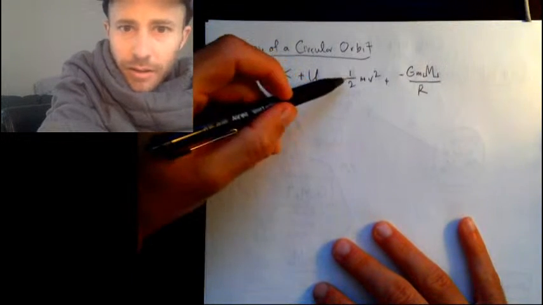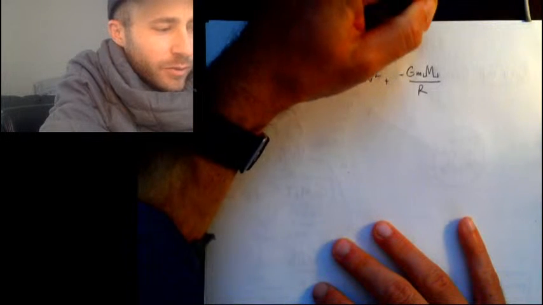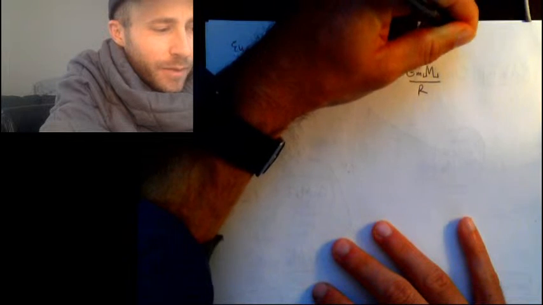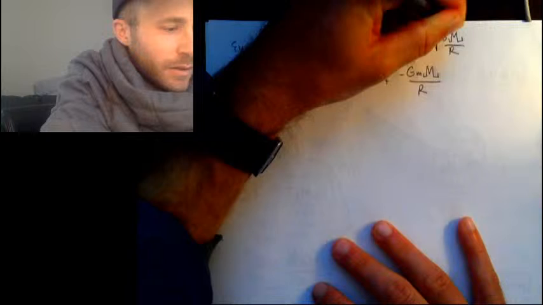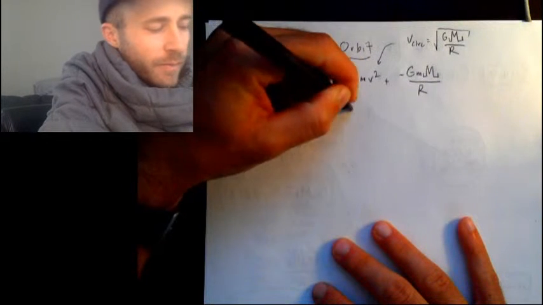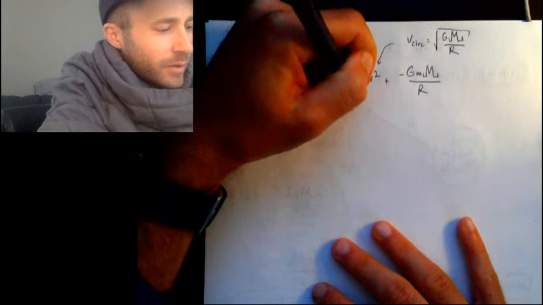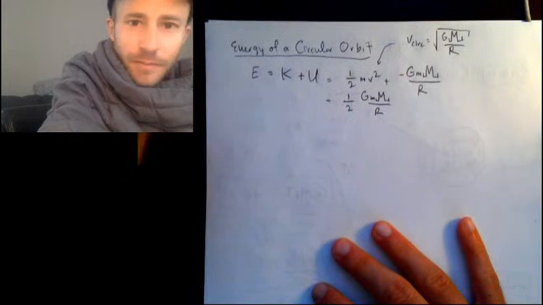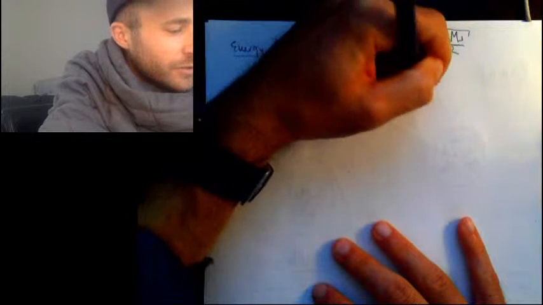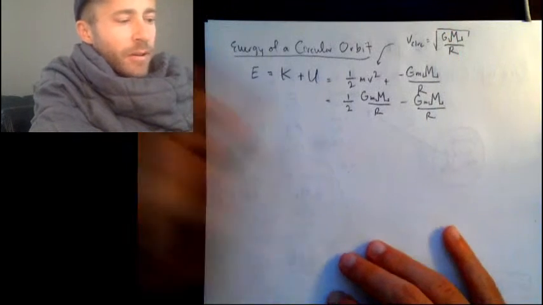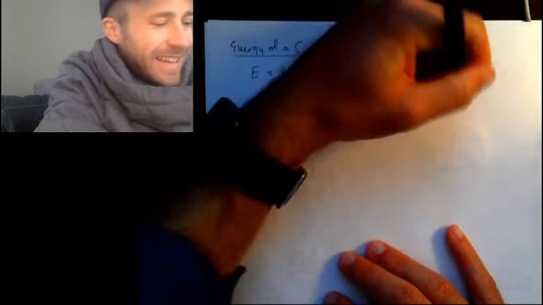All right. Now, what if we use the equation for the velocity in a circular orbit? If you're in a circular orbit, the velocity is the square root of G times big M over R. So when you square that, you get 1/2 times G times little m times big M over R minus G times little m times big M over R. So 1/2 minus 1 is negative 1/2.